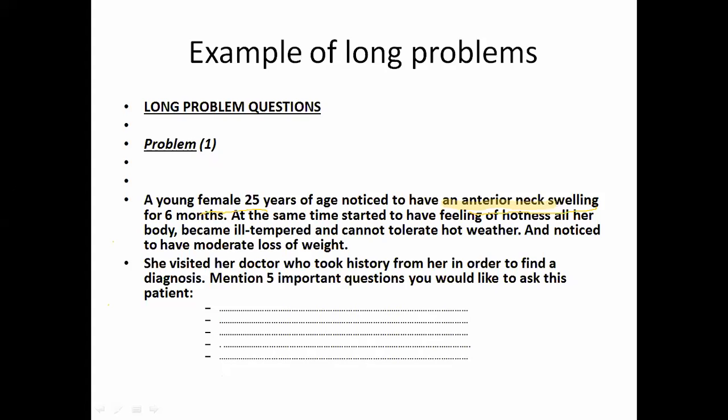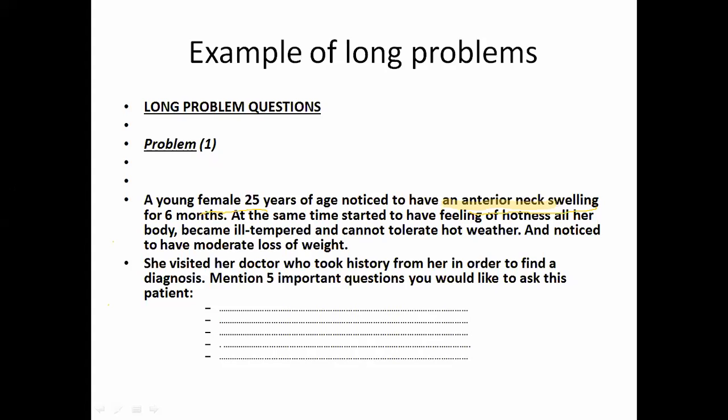The feeling of hotness all over her body. And ill-tempered, and cannot tolerate hot weather. Moderate loss of weight. What are these keywords?